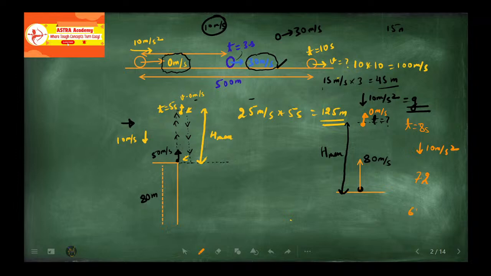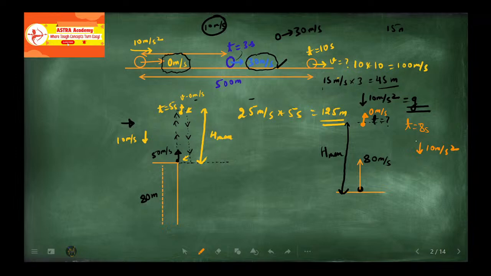If it is 64 meters per second, 6.4. If somebody gives random numbers, say 88, then it is 8.8 seconds. If it is 14 meters per second, 1.4 seconds. Directly, just shift the decimal by 1 digit from right to left, and you will get the time in reaching the peak point.